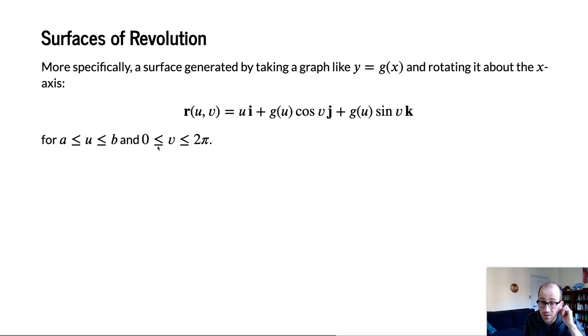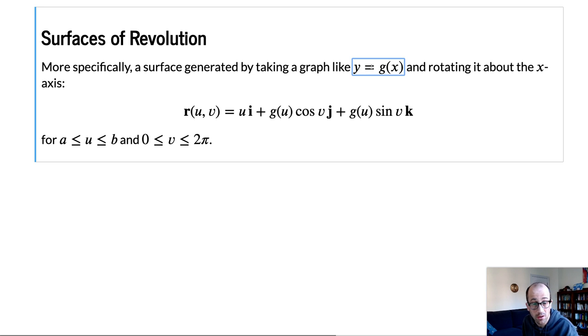These are surfaces generated by taking a graph, a curve in a plane now, y equals g of x. You see here, that set of points is a graph of a function in a plane, and then you rotate it around an axis. So here, for example, around the x-axis.